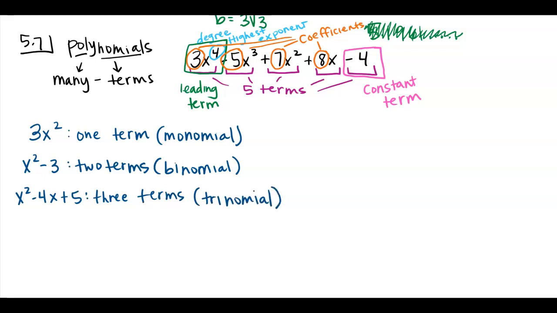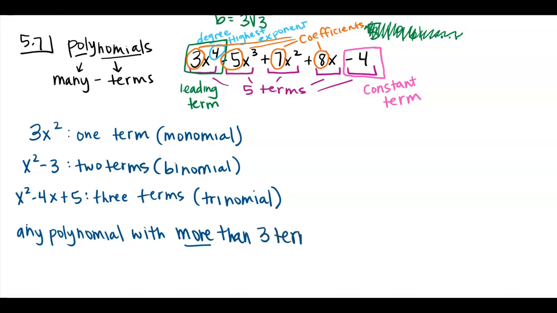So these are the only polynomials that have special names. Anything larger than 3 terms is just called a polynomial. So any polynomial with more than 3 terms, so 4 and on up, is just called a polynomial.